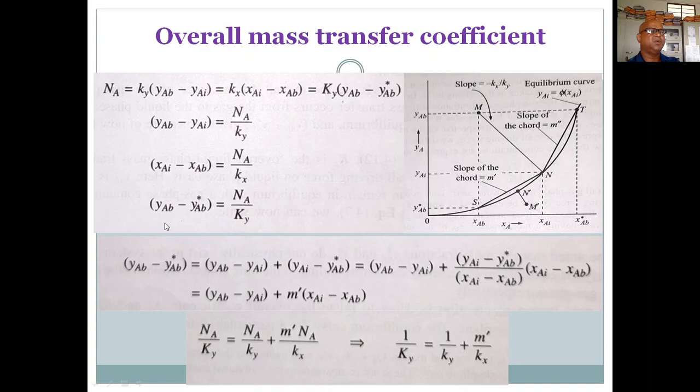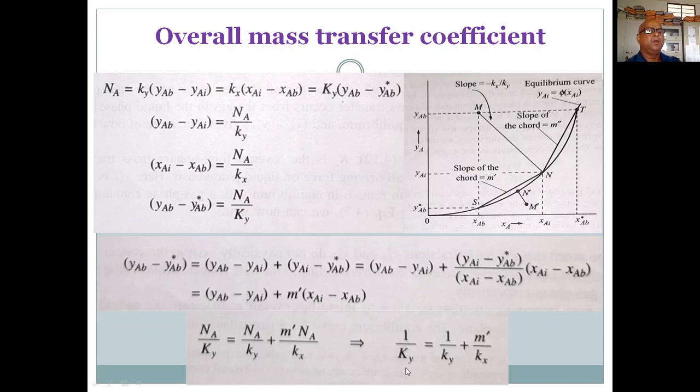Yab minus Y star is capital N by K, Yab minus Yi equal to N by small ky, and Xi minus Xab, this m dash is Na by K. So Na will cancel out, 1 by capital Ky equals 1 by small ky plus m dash by Kx.